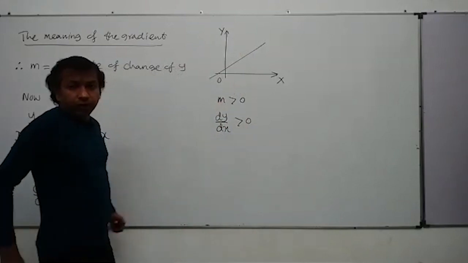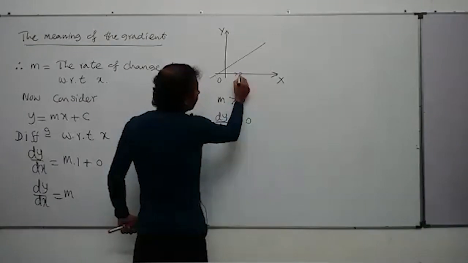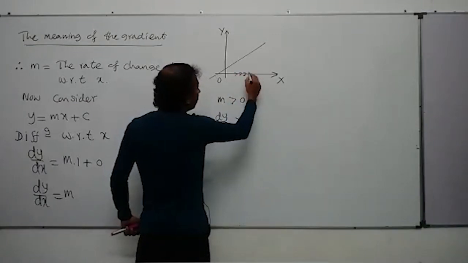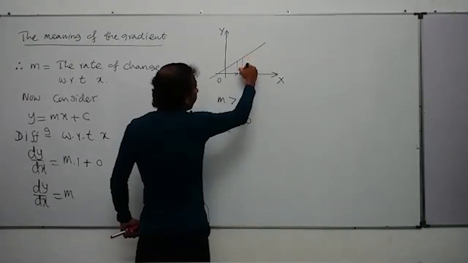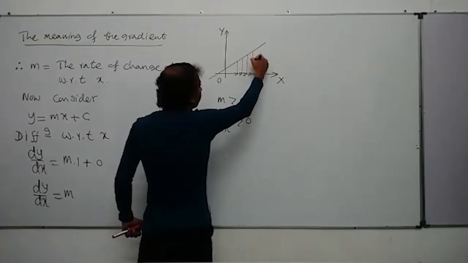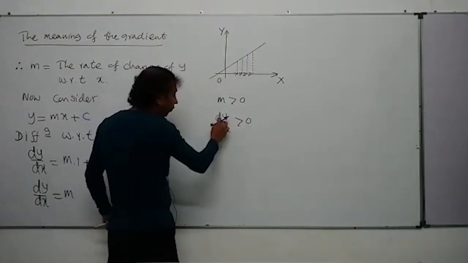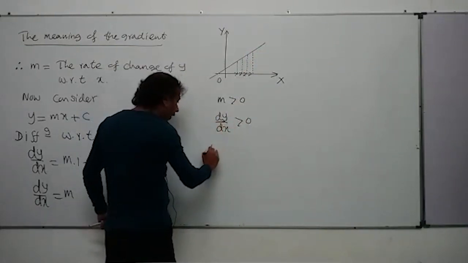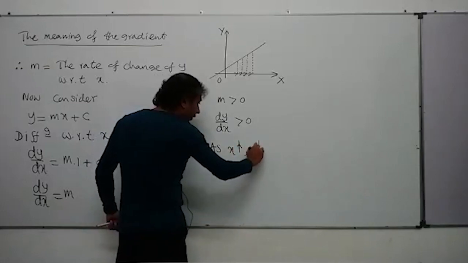When we move to the right along the x-axis, y is also increasing. That means the dy by dx positive case we can identify as x increases, y increases.